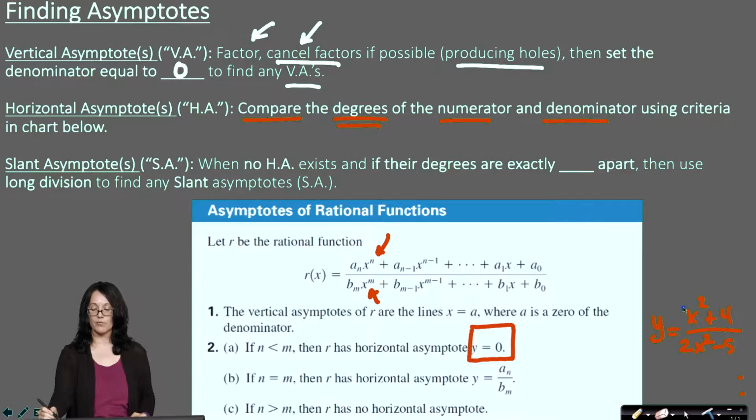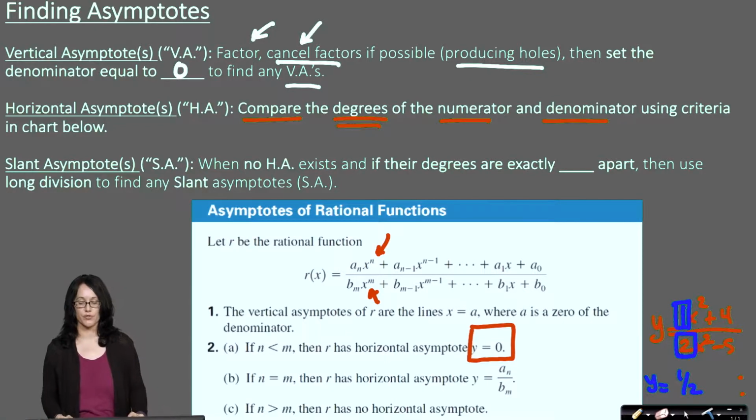But the way we're going to do it right now is we're simply going to recognize the trick that we're going to take the coefficient of the leading terms, so in this case 1 and 2, make a ratio, and that will be our horizontal asymptote. In this case, the line y equals 0.5 or 1/2 will be what we are approaching as we tend toward the extremes. So that is our example of B.